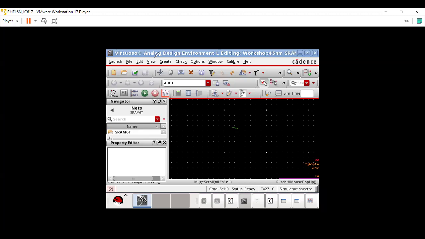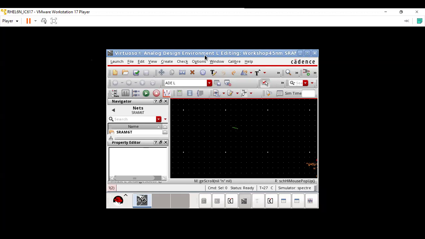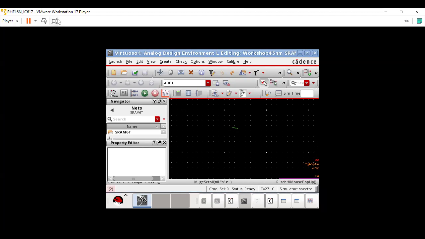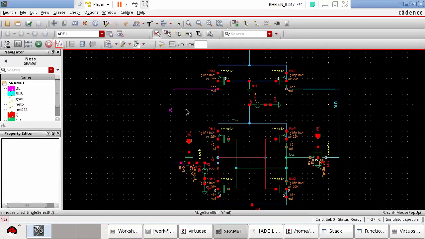Okay, it's not enlarging the screen. I do have some problem here with my pointer. I'm not able to use my pointer over here, but no worries. I'll try to show this to you.